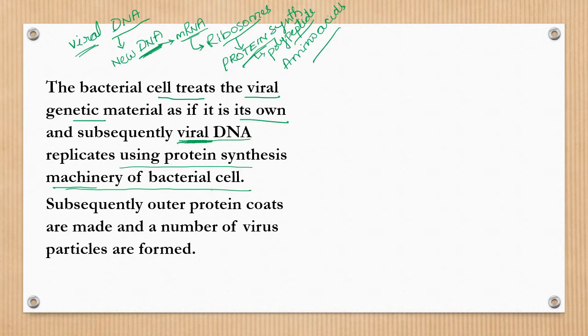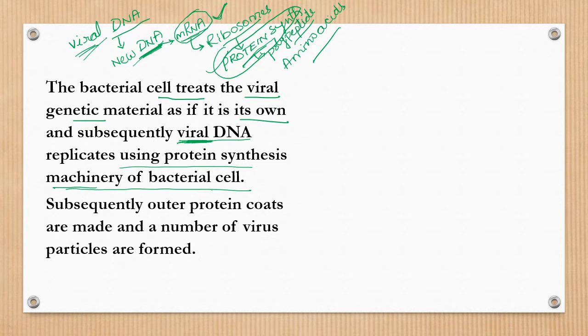So the RNA has viral character, because it is transcribed from viral DNA. That is why this mRNA is also viral. Based on the information on this mRNA, ribosomes synthesize proteins, and these proteins also act as a virus.